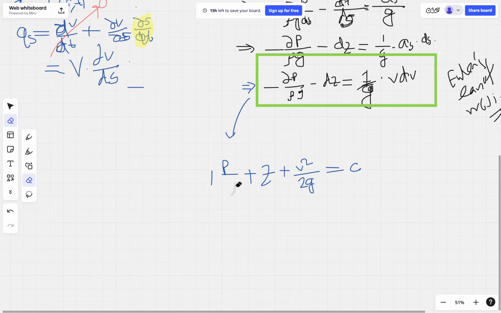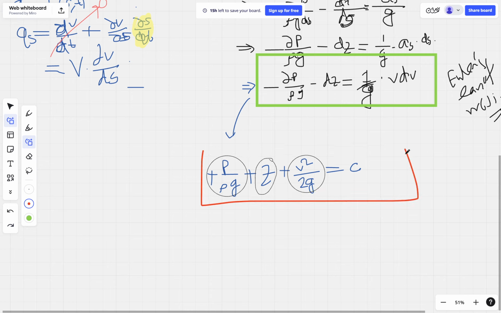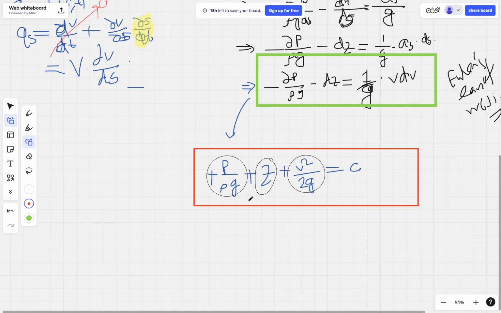Here this part is known as the pressure head, this part is the datum head, and this part is the velocity or kinetic head, equal to a constant. This is actually Bernoulli's equation.